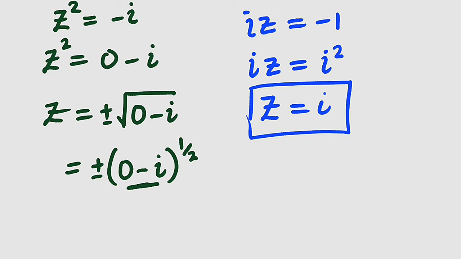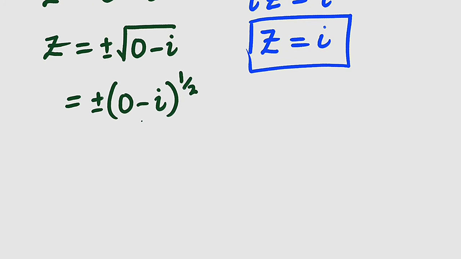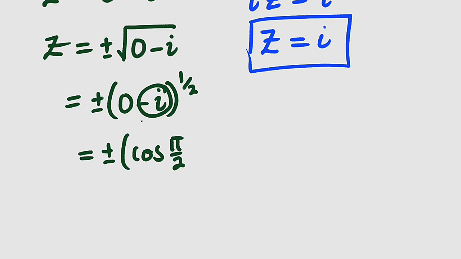Now let us write this one in polar form. We know that cosine of pi over 2 is the same thing as 0. So this is equal to plus or minus cosine of pi divided by 2. We know that the coefficient of i here is negative 1, and the sine of negative pi over 2 is negative 1.